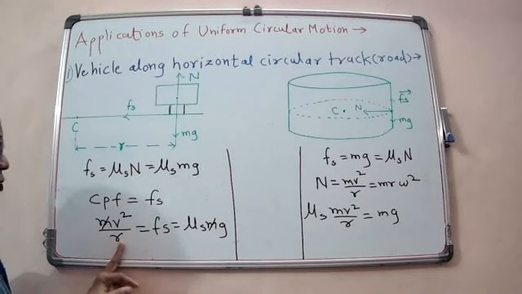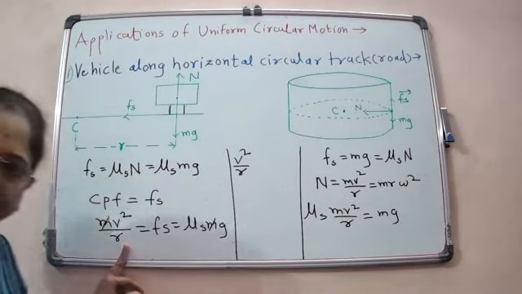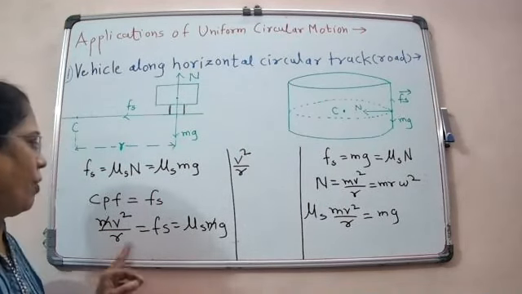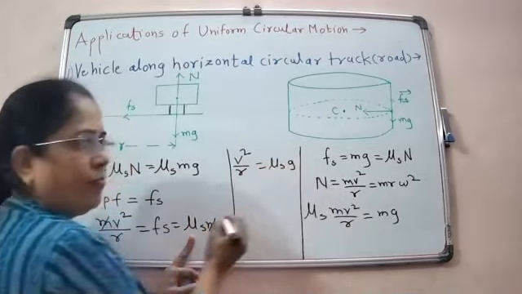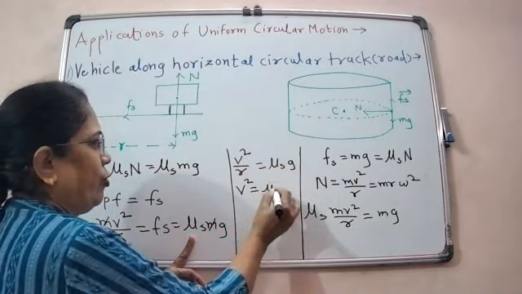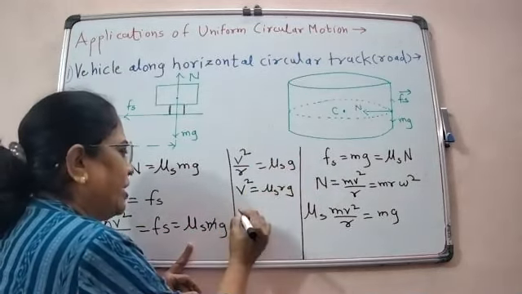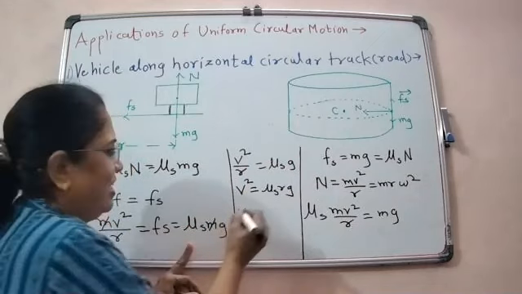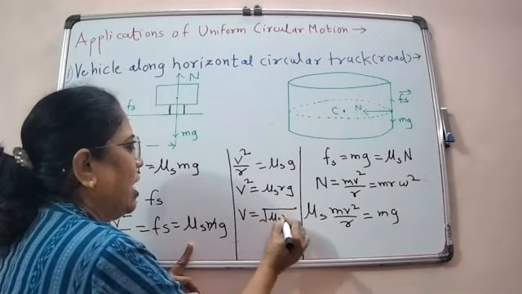And this v square upon r, what we get? V square upon r equal to mu s into g. So v square equal to mu s r g, and v is equal to square root of mu s r g.